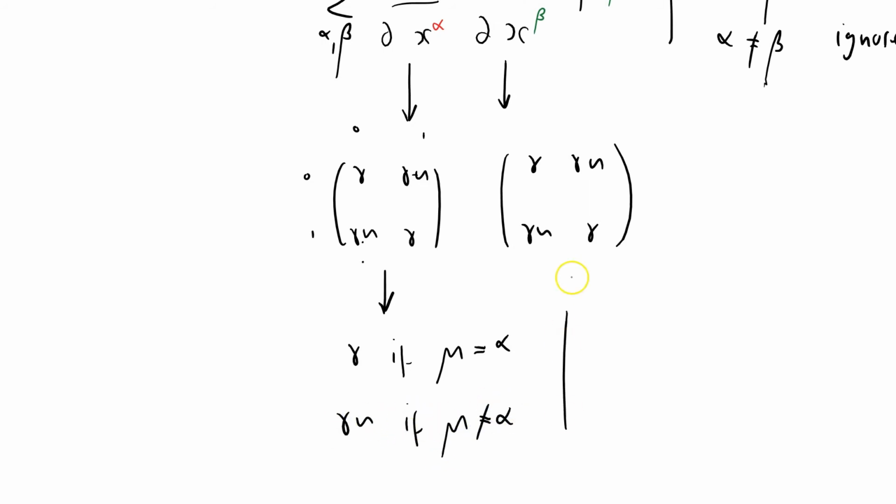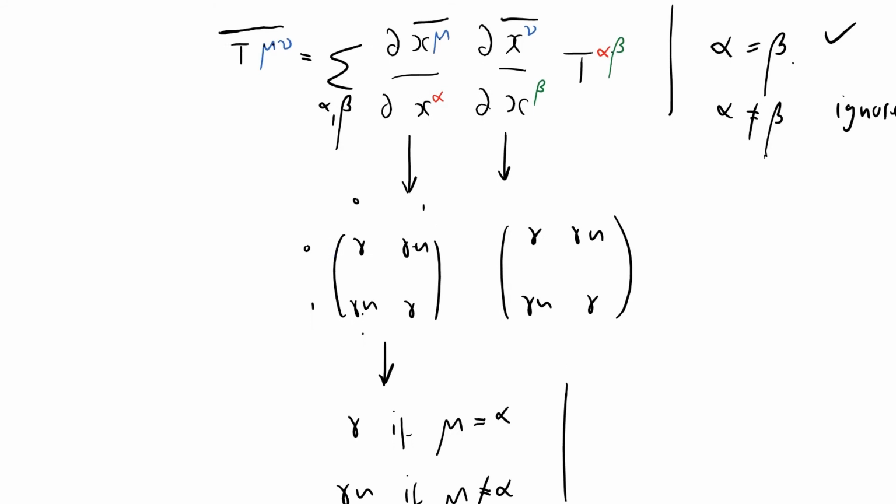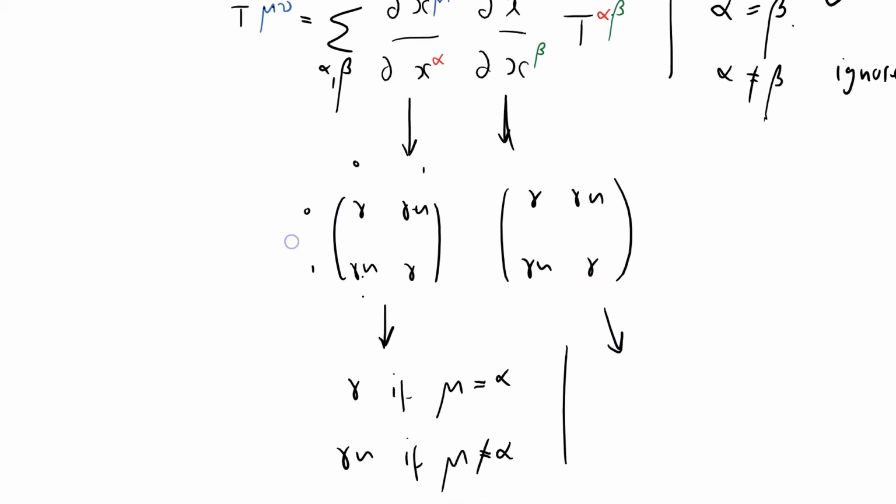And of course this is the same, but we've got different named indices here. So this entry here is going to be gamma if nu equals beta, because the top matches the bottom, and gamma u if nu is not equal to beta.